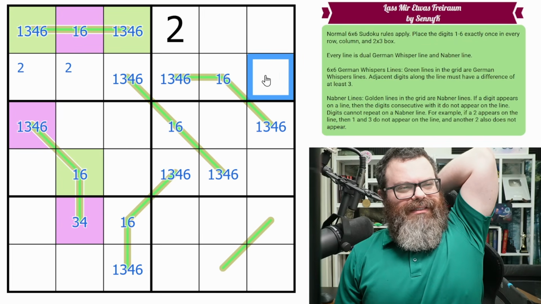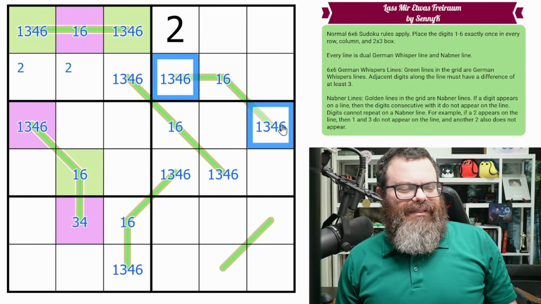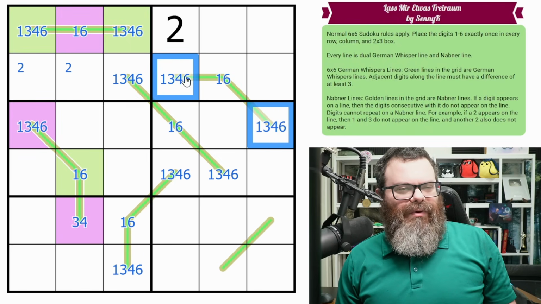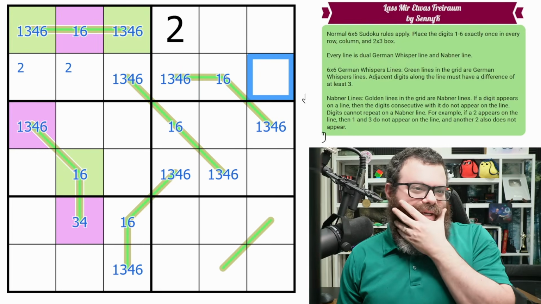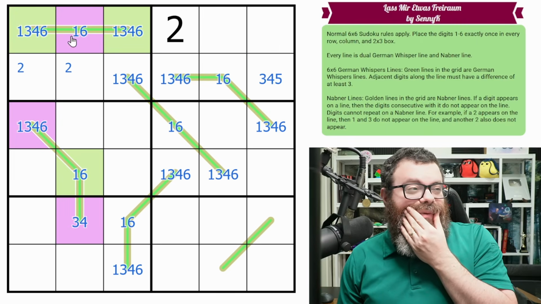Okay. This cell here, remember that there's going to be a 1, 6 here, right? This is either a 1, 3 pair or a 4, 6 pair, right? So there's going to be a 1 or a 6, depending on whether this is low or high. And so this cell here cannot be a 1 or a 6. And it can't be a 2 either. So it's from 3, 4, 5. Now I'm wondering if that affects here.